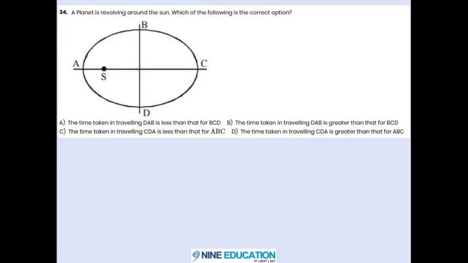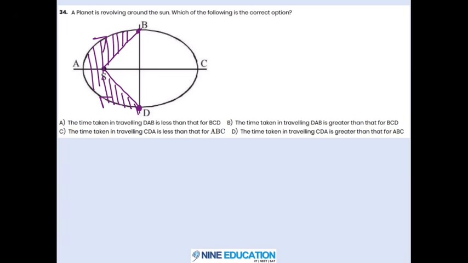In other words, when the planet is here, you can join the sun and the planet, and finally it travels through this path and again goes to B. So what is the total area covered by the planet? The total area covered by the planet is this much.